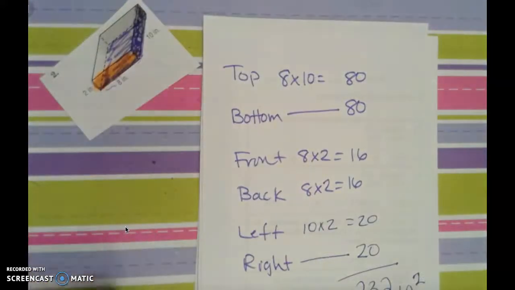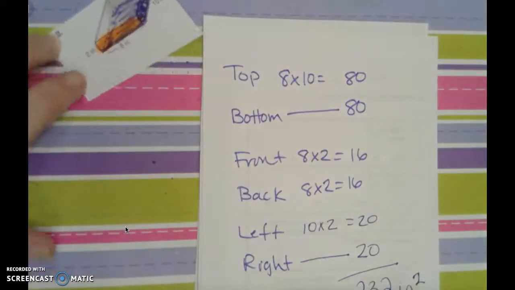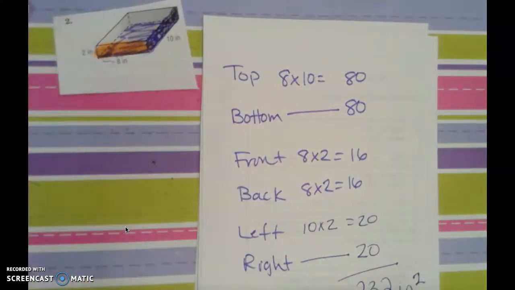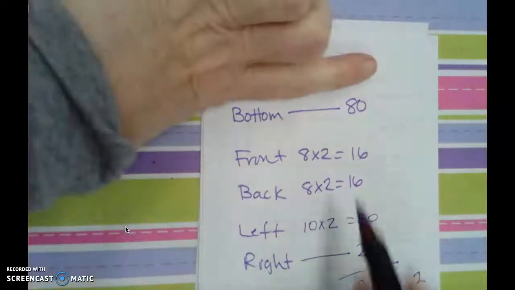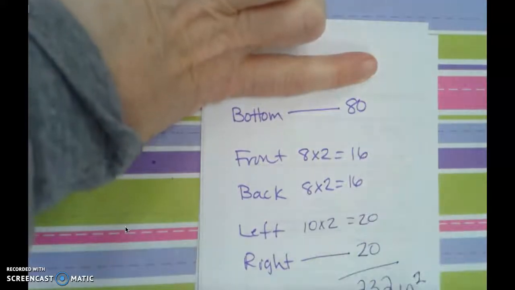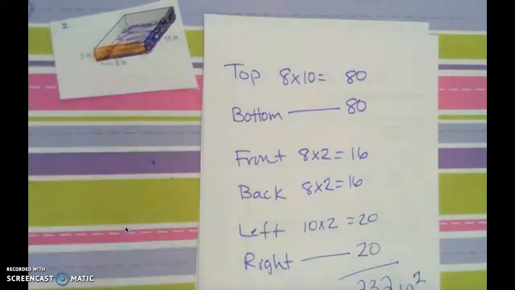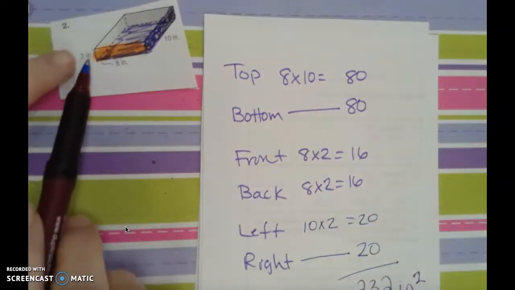So if we had a word problem that told us this was a box of cereal and we were going to take the top off, then we could just cover that up and add up whatever was left. So you can manipulate this and use it however you need to. Now, I also make comment to make sure you pay close attention.